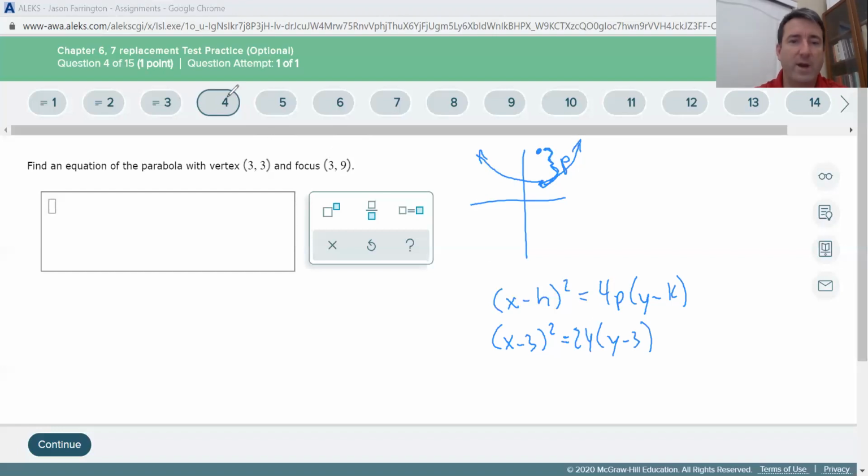And so that's the equation that we're going to enter right here: x minus 3 squared is equal to 24 times y minus 3. All right.